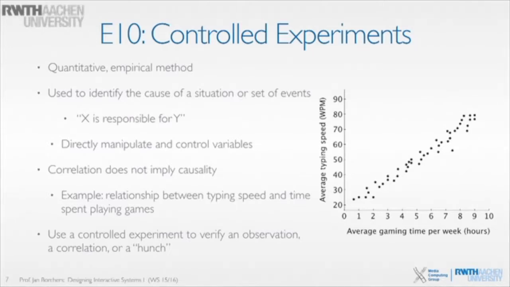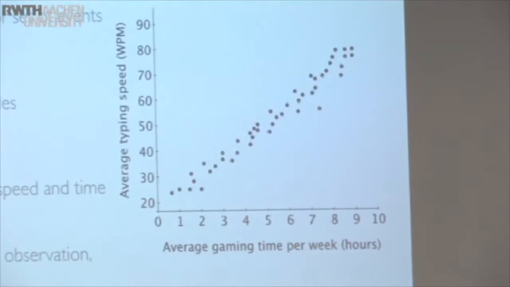He interviews people or observes people or records the computer use of people and finds out the average gaming time per week in hours. Okay, so 100 people all measured, like how many hours per week do they play video games on their computer or smartphone or whatever.